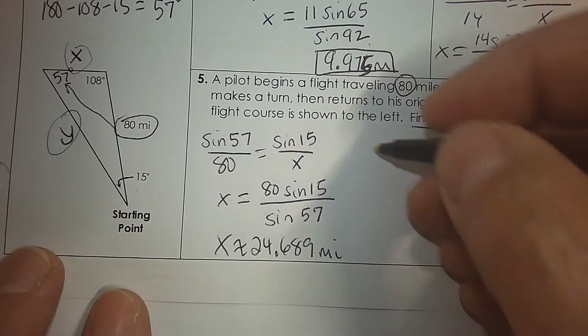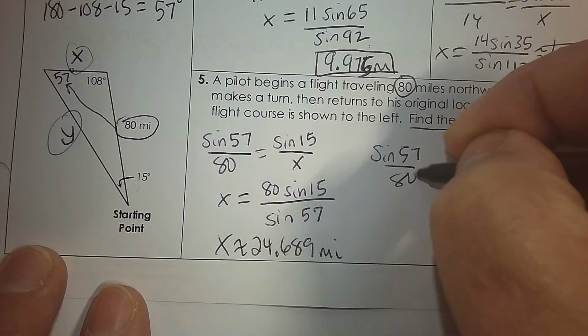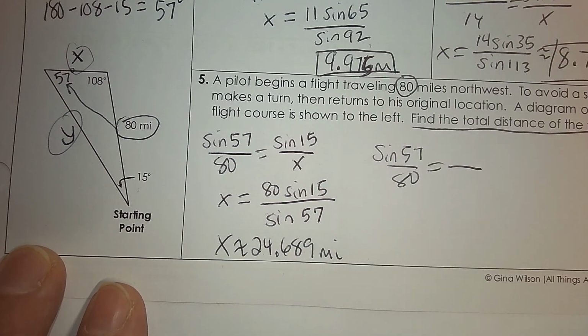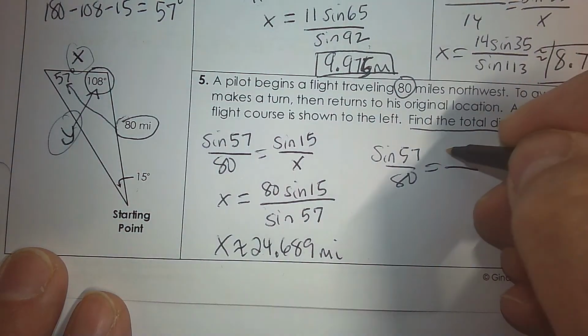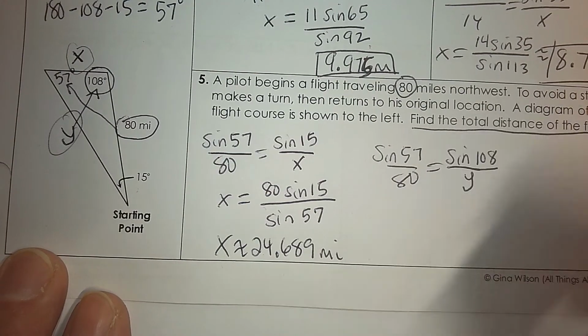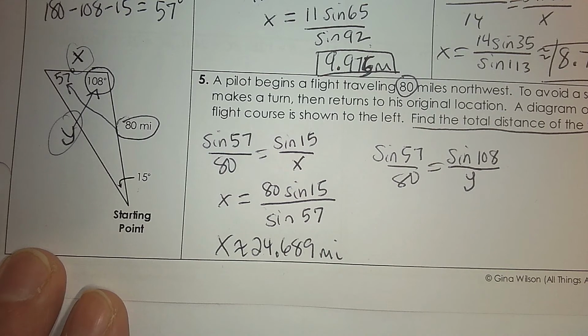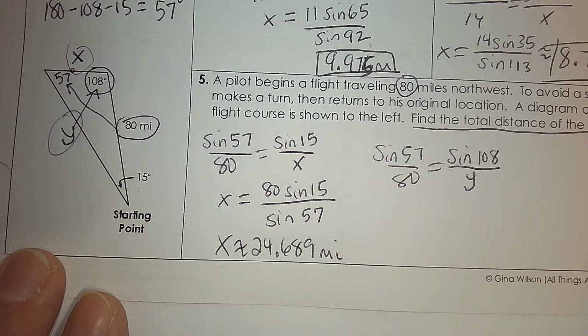So we're going to start with sine 57 over 80. But this time, if I want to solve for y, what's its partner that's opposite of y? So I'm going to go sine 108 over y. I need you to get y by itself, and then we're going to add up all the sides at the very end.